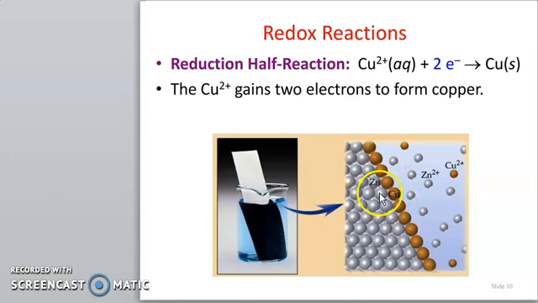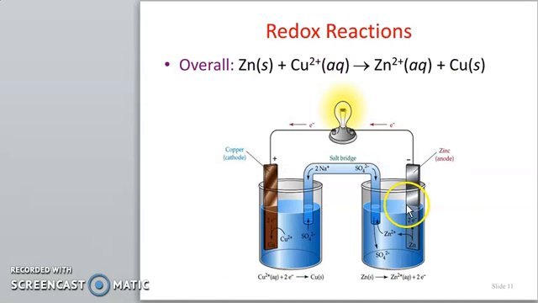Here indicates the copper and the zinc, which means redox reactions cannot happen alone. These are simultaneous processes: one gets reduced and one gets oxidized. Of the two, this zinc and this copper, one gets oxidized and one gets reduced.